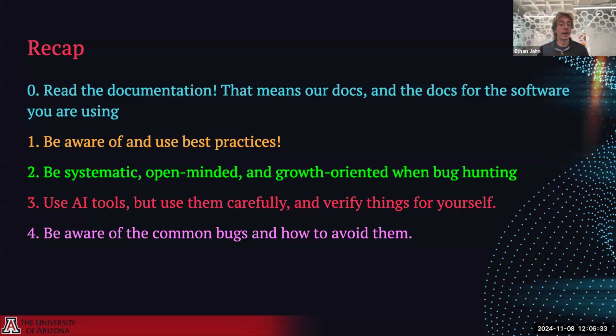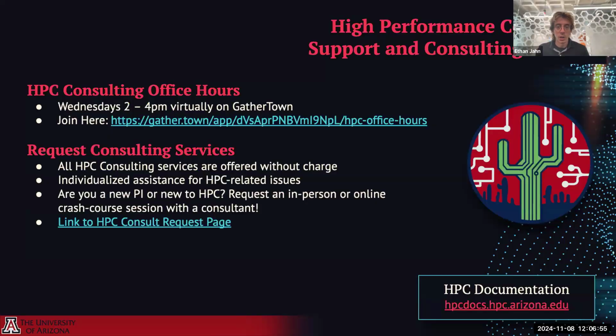That means be systematic, be open-minded, be growth-oriented when bug hunting. If you do want to use AI tools, make sure to use them carefully and to verify things independently. And lastly, as we spent the last half of the presentation talking about the common bugs and how to avoid them, hopefully that was instructive and helpful for you.